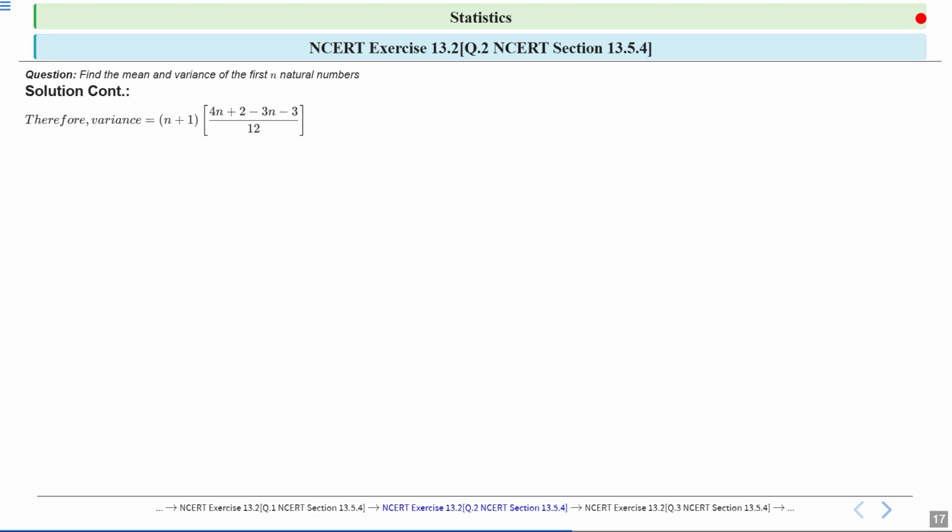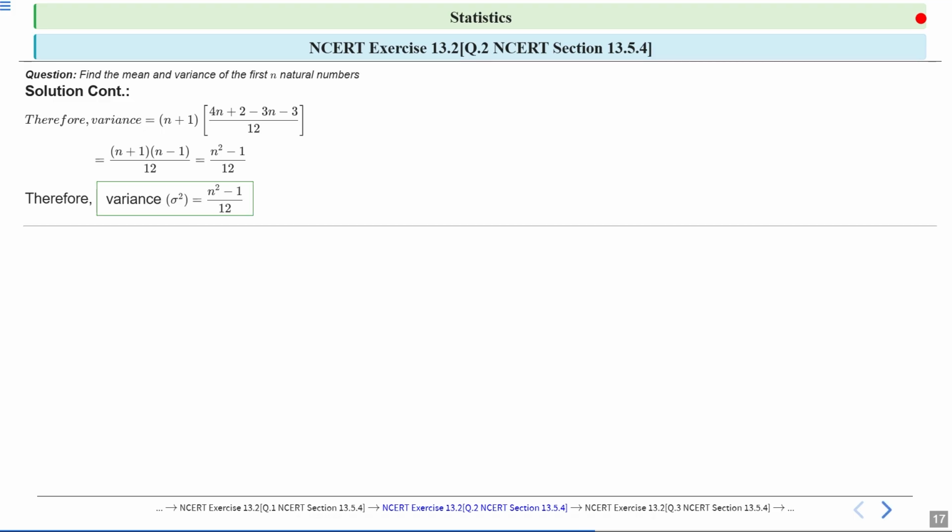Therefore, variance equals (n plus 1) times (4n plus 2 minus 3n minus 3) divided by 12. After simplifying, we get variance equal to (n plus 1) times (n minus 1) divided by 12, and this is simply equal to (n square minus 1) divided by 12. Therefore, variance sigma square equals (n square minus 1) divided by 12.